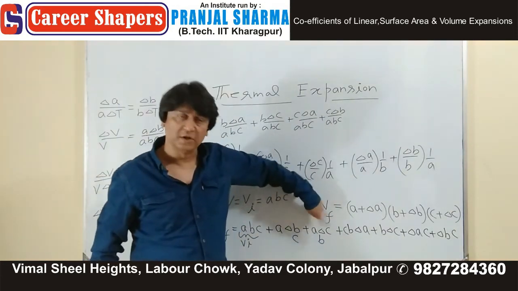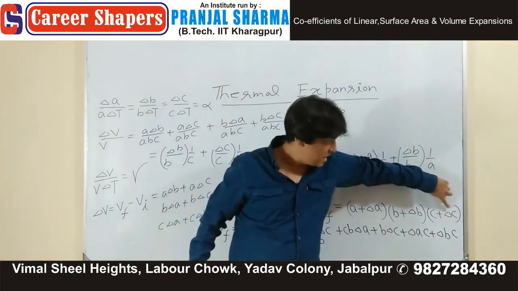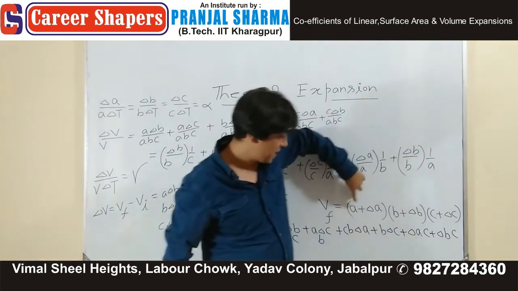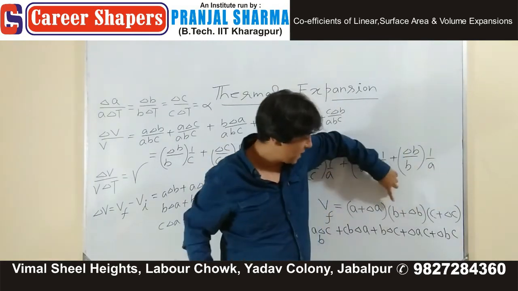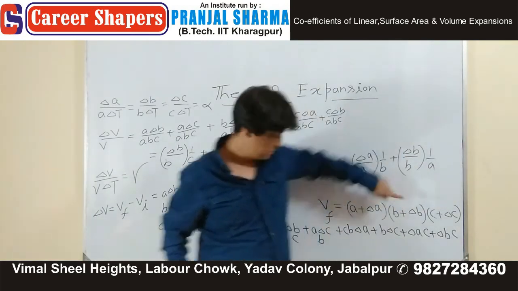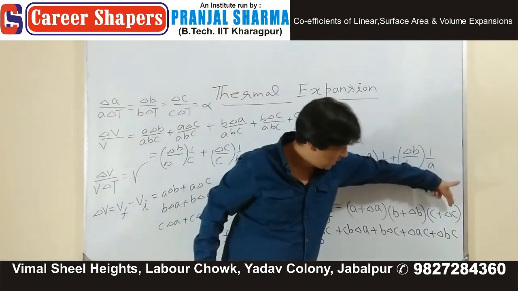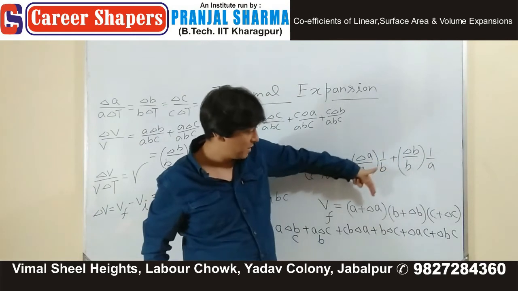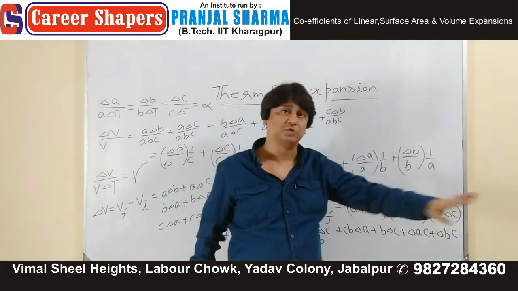Let's talk about this. A multiplied by delta C. So when you are multiplying A with delta C, you will also multiply it with B. A multiplied by delta C will also be multiplied by delta A, but since two deltas are present, that term is negligible.